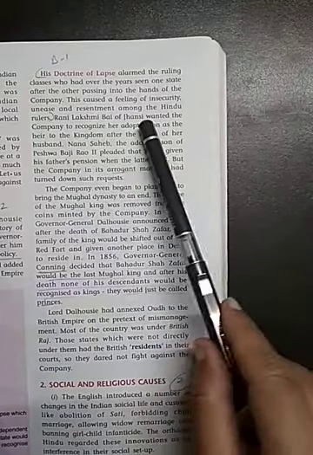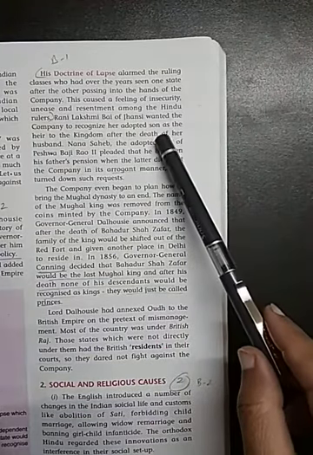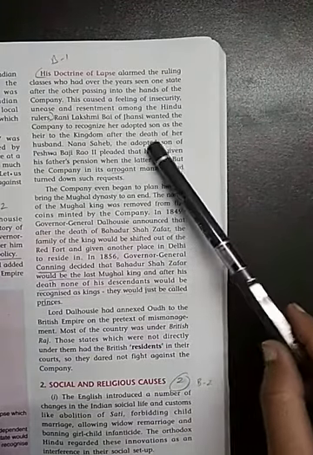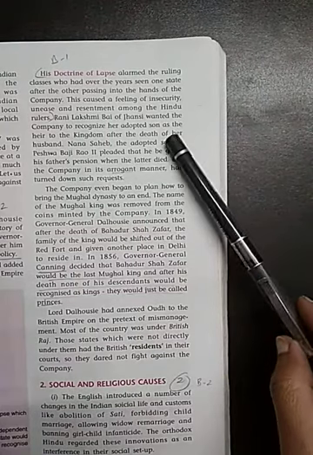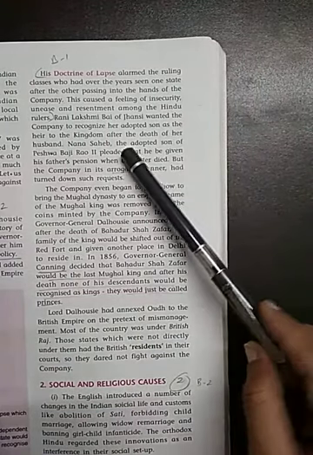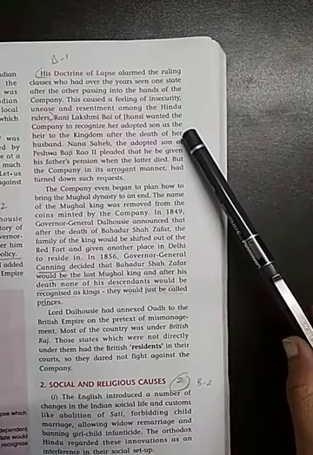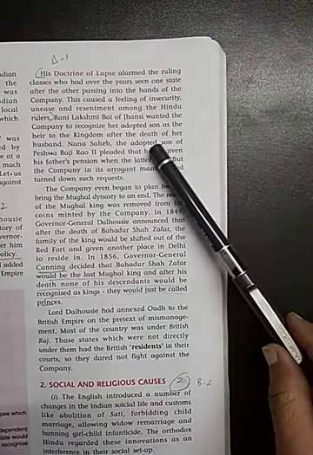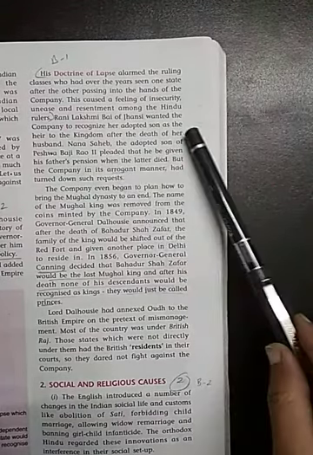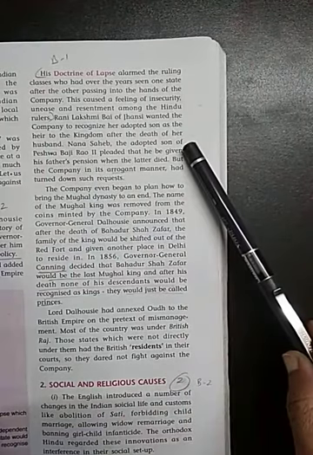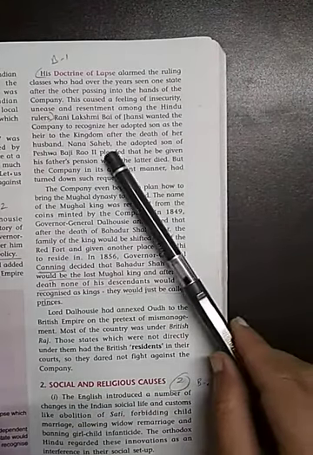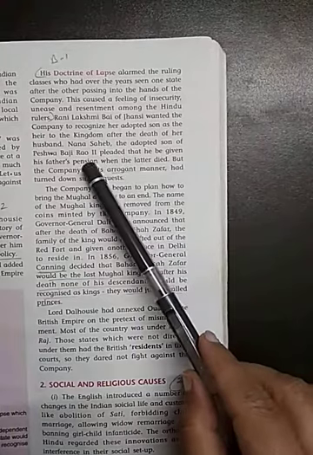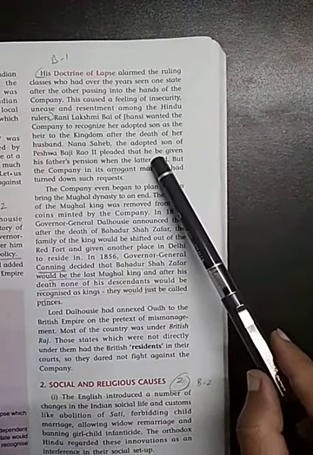Now we are going to start with the grievances of Indian rulers, particularly individual rulers. Rani Lakshmi Bai of Jhansi wanted the company to recognize her adopted son as the heir to the kingdom after the death of her husband. When Rani Lakshmi Bai's husband died, they did not have a natural son.